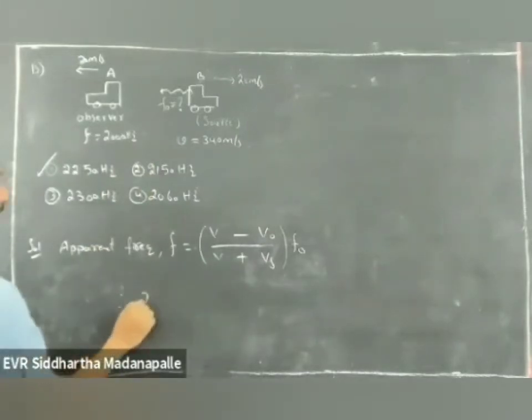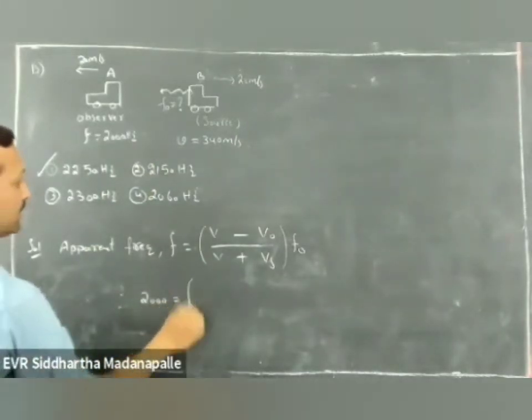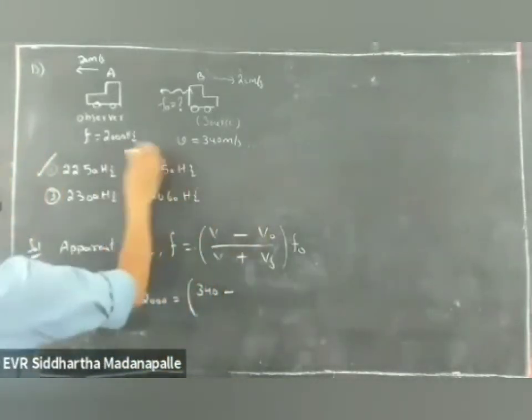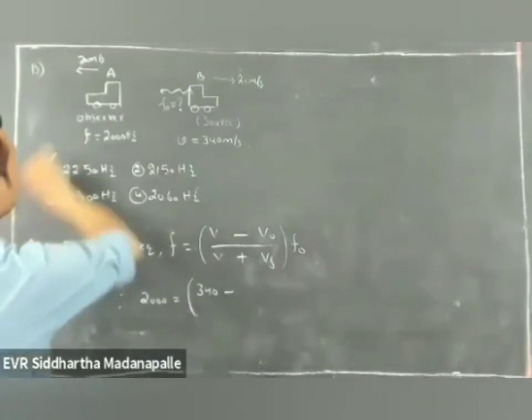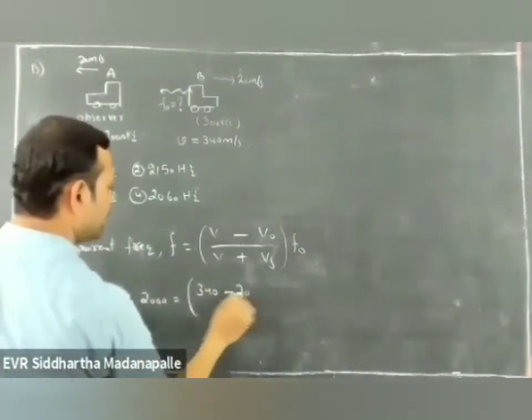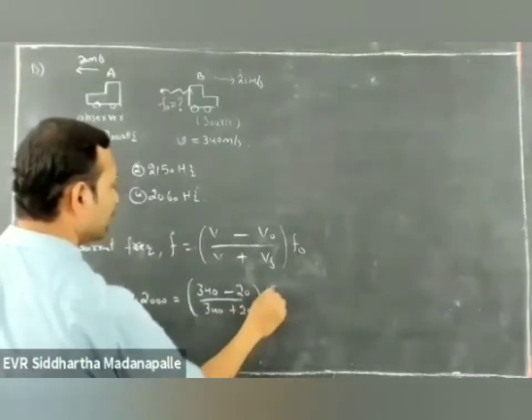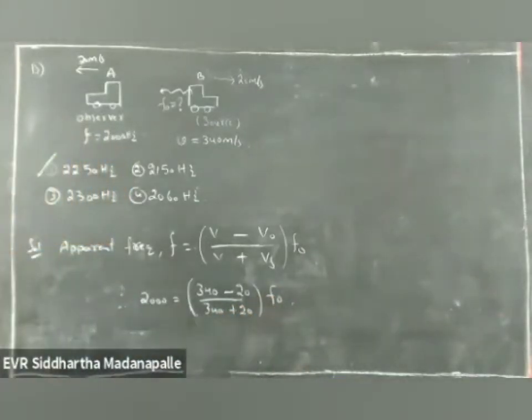So 2000 is equal to V value 340 minus V naught. V naught is the observer, A is the observer. 20, so 340 minus 20 by 340 plus 20 into F naught. We have to find the F naught value.